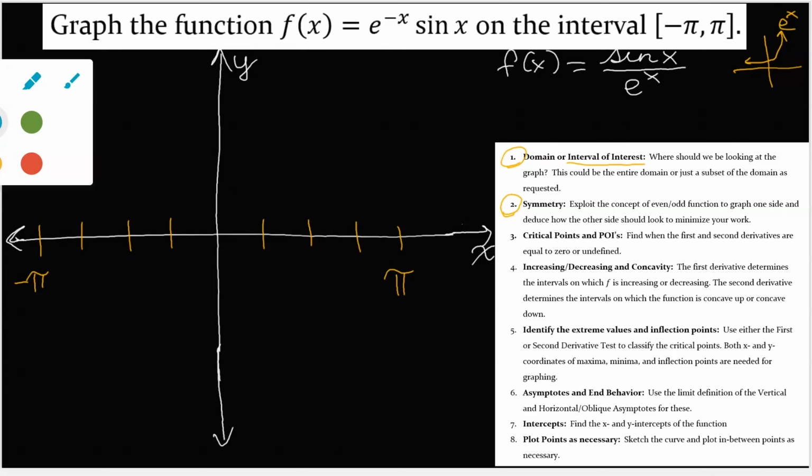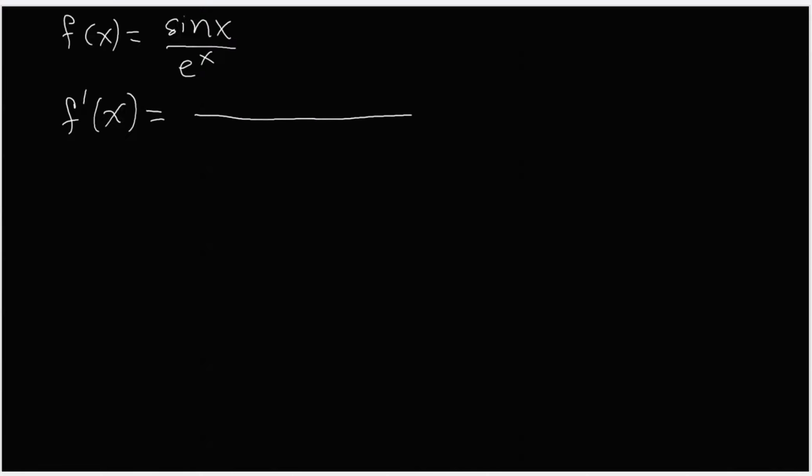Now, point number 3 is to find critical points and possible points of inflection, and so that would be the first derivative and second derivative. So f of x is equal to sine x over e to the x. First, let's find the first derivative. The quotient rule will apply here: e to the x power squared on the denominator.